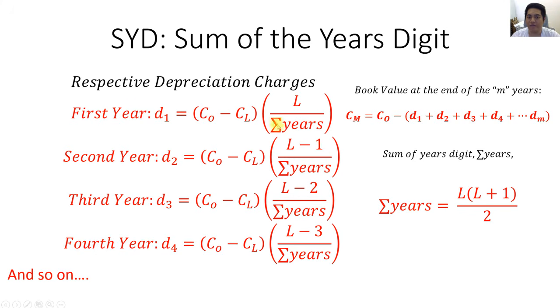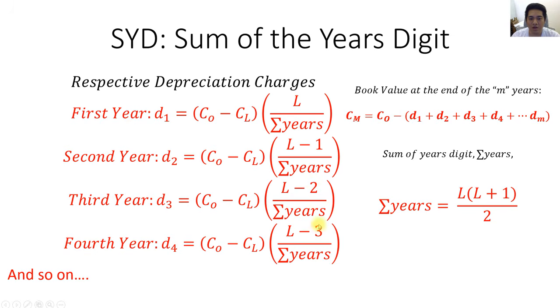Again, the sum of the years can be calculated using this formula: the useful life quantity multiplied by L plus 1, all over 2. That's how the sum of the years is calculated for this denominator. For the third year, the only difference is that we have L minus 2.